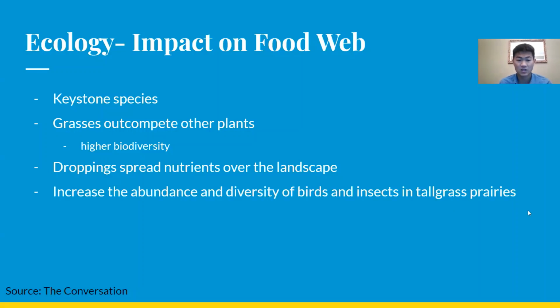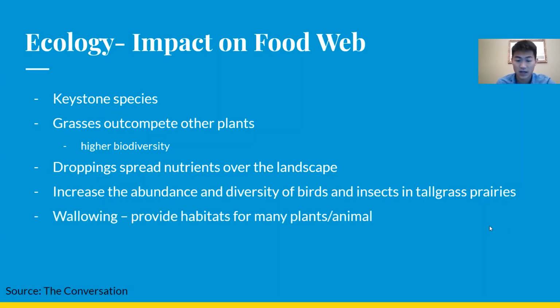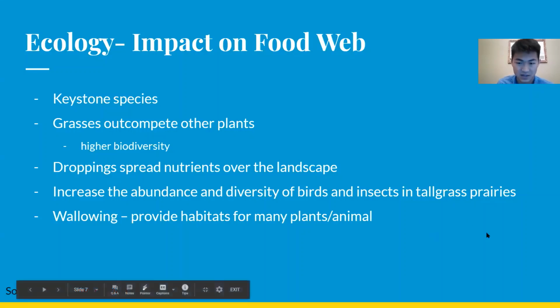Okay, and also buffalo help increase the abundance and diversity of birds and insects in tall grass prairies. And yeah, it's just because of all the things that they do, spreading nutrients and helping control different grasses.